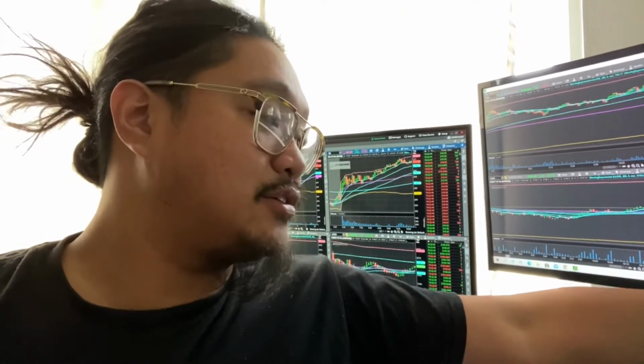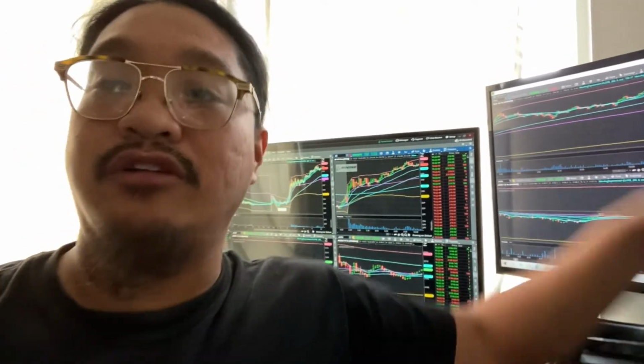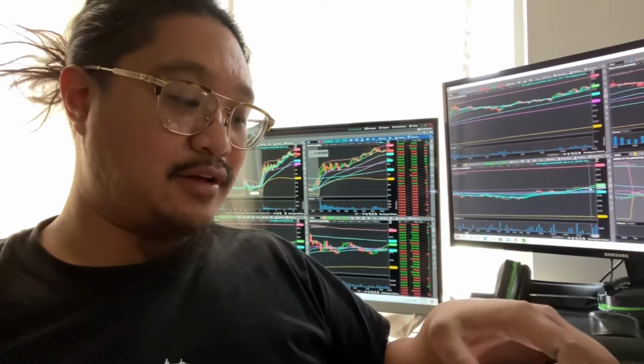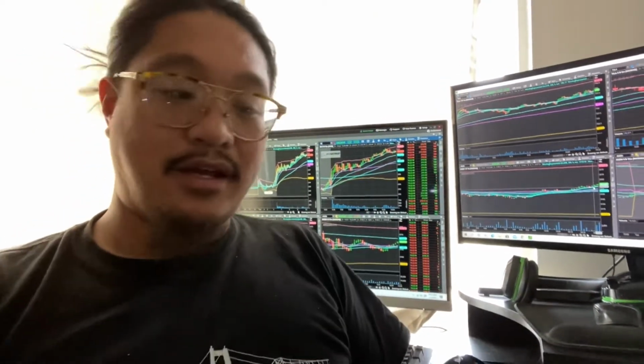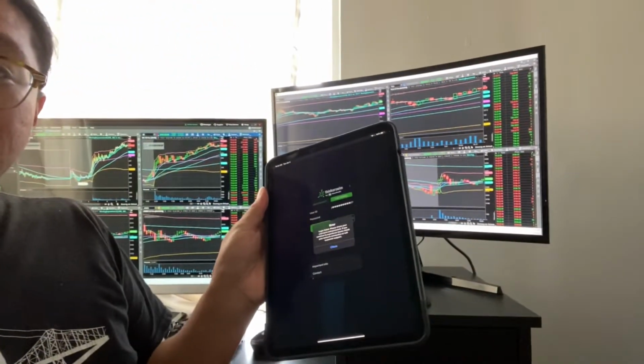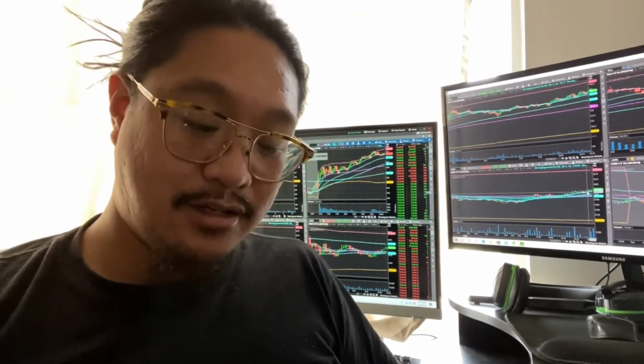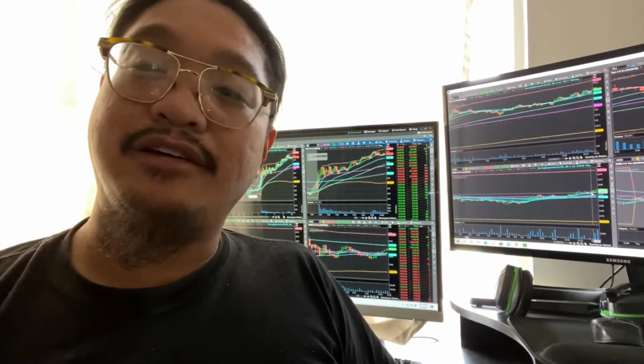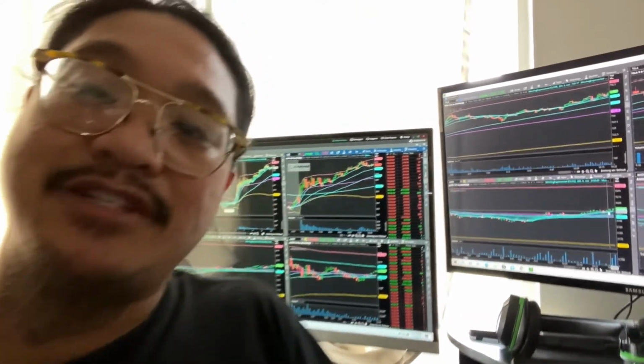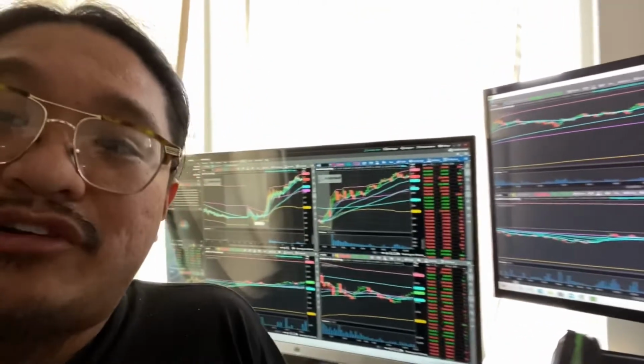Like I myself, I also am a fan of using the iPad, and I'm gonna open up the app, and basically the app looks like this. It's a Thinkorswim app, and you can see every single thing except for like the time and sales, and the L2 is sophisticated, but you see how the chart's set up.